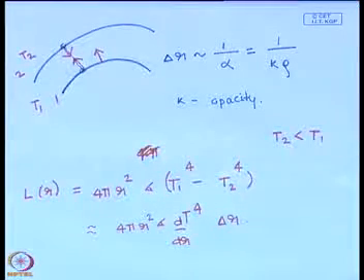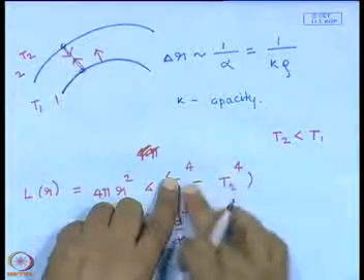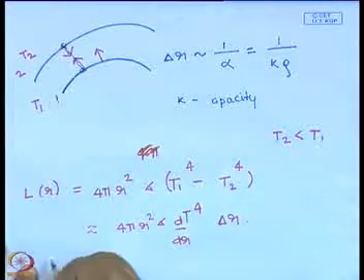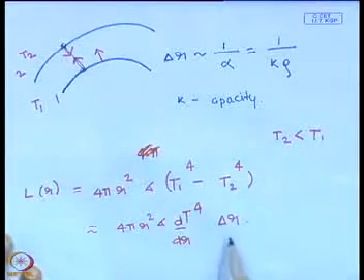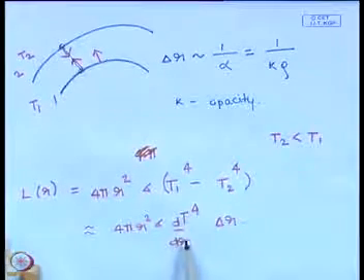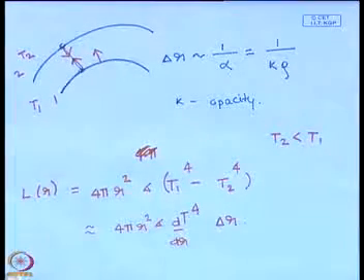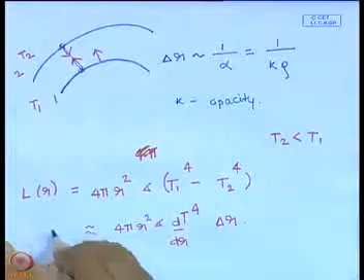That will be an estimate of this quantity, and the mean free path we know is much smaller than the radius of the sun, very small, of the order of millimeters. So, this gives us the luminosity.